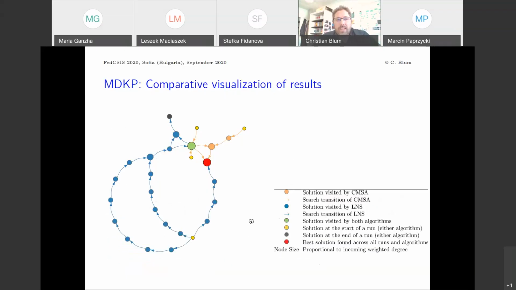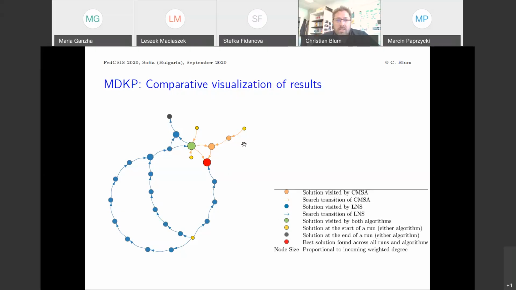I just want to go quickly also into this visual way of comparing algorithms. This was actually the first time that we presented this way of visually comparing algorithms. I want to explain on this example graphic what these graphics show. The yellow dots here are starting points for algorithms; they are solutions.